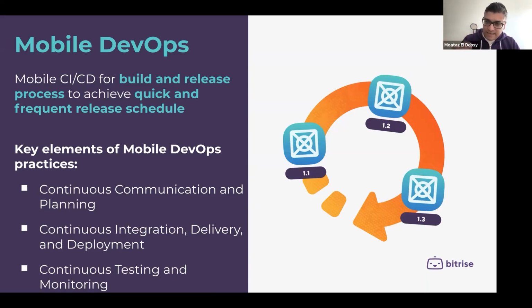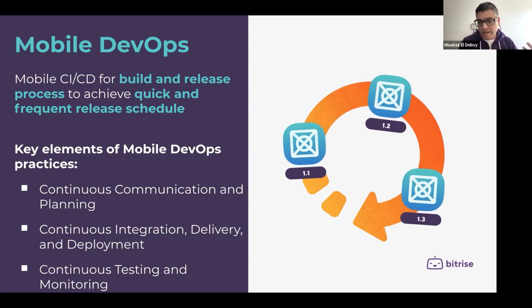And inside this DevOps cycle, or application lifecycle management, we have 6 key elements related to being continuous. It's about continuous communication and planning. We should communicate as a team and plan together. How can we deploy the new features? How can we revamp the existing features?